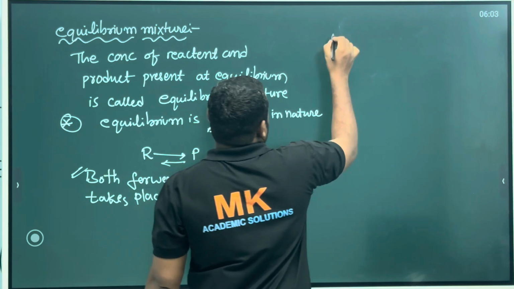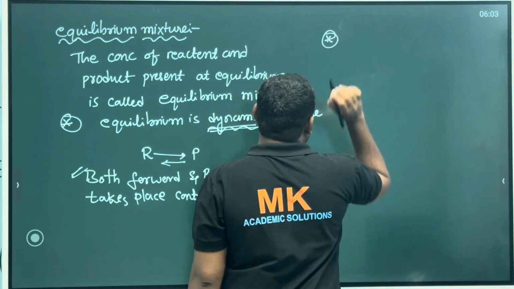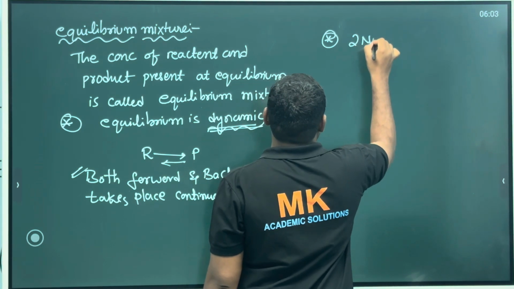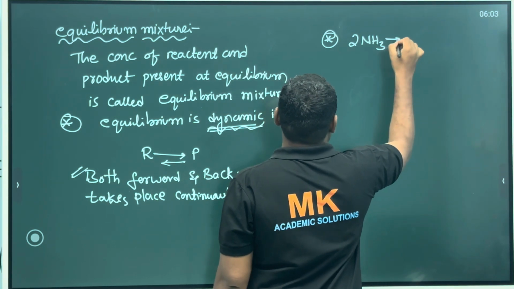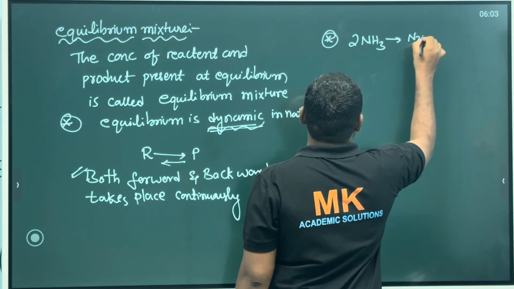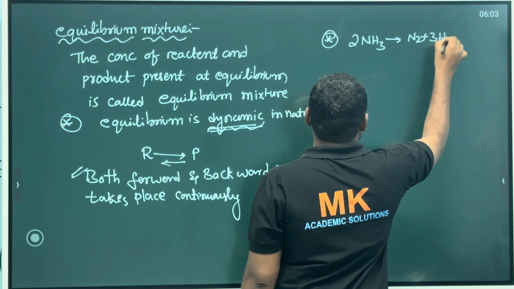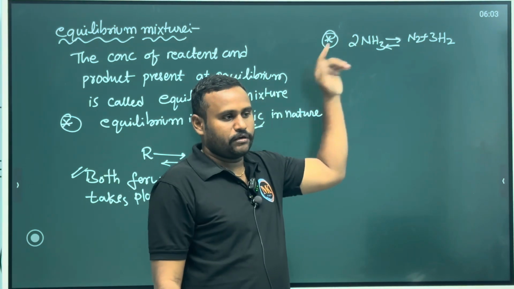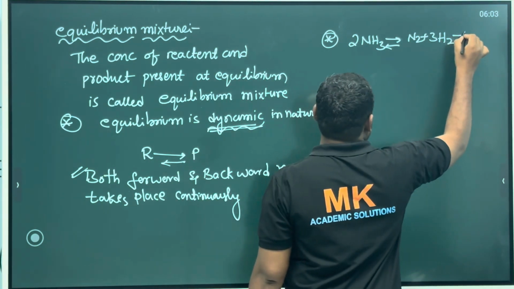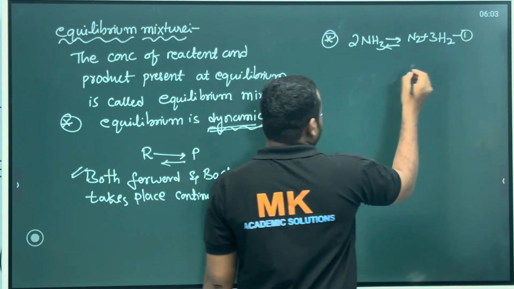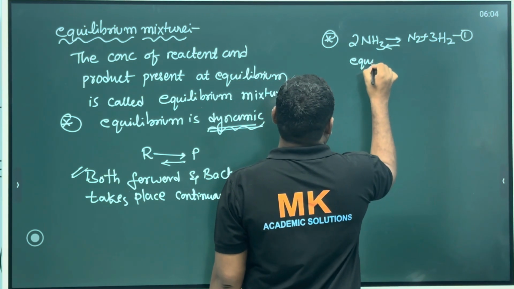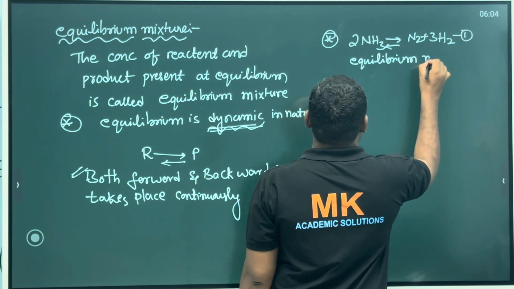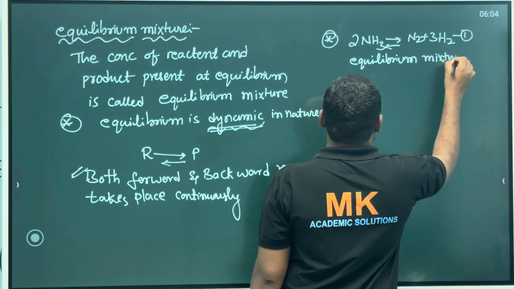For example, we are going to take two equilibrium mixtures. 2NH3 gives rise to N2 plus 3H2. Let us consider this the first equilibrium mixture, equilibrium mixture 1.